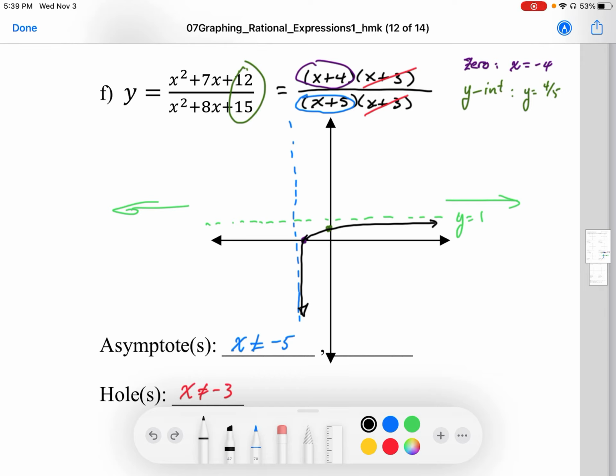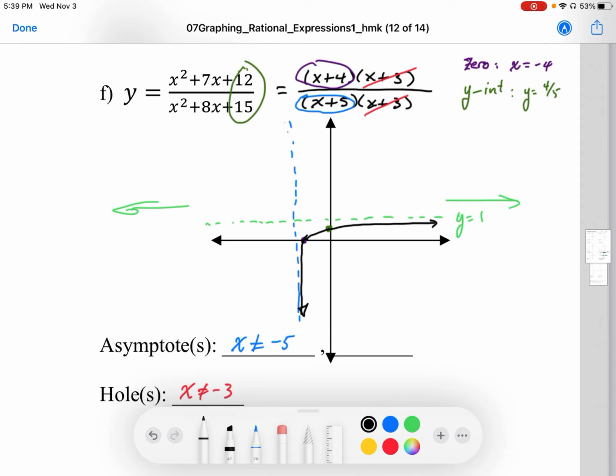So I've got all those points. That's all I need to show. And the only other part I need to show is that there is another part of the graph that follows the asymptotes in that quadrant. How you draw that really is not that important, as long as you can show that it exists there.